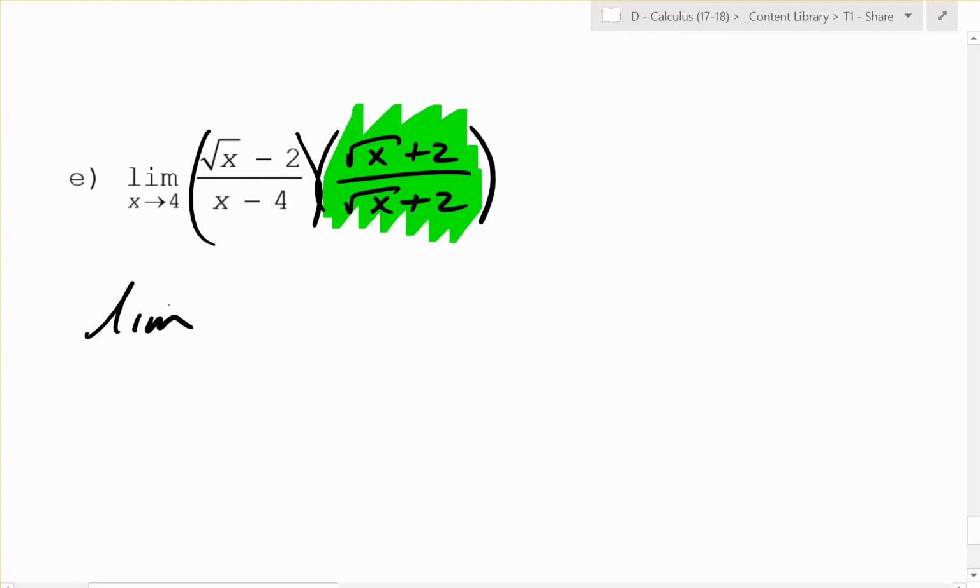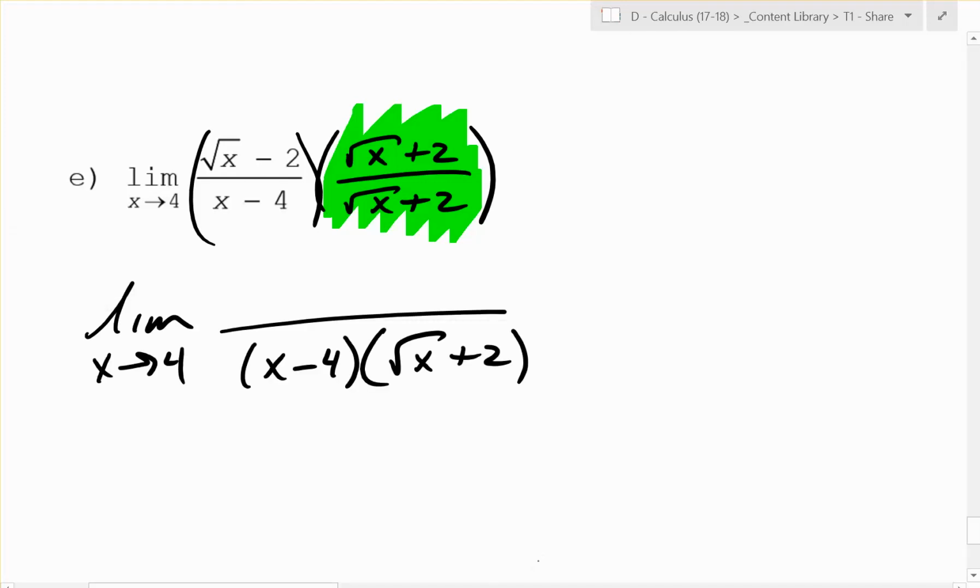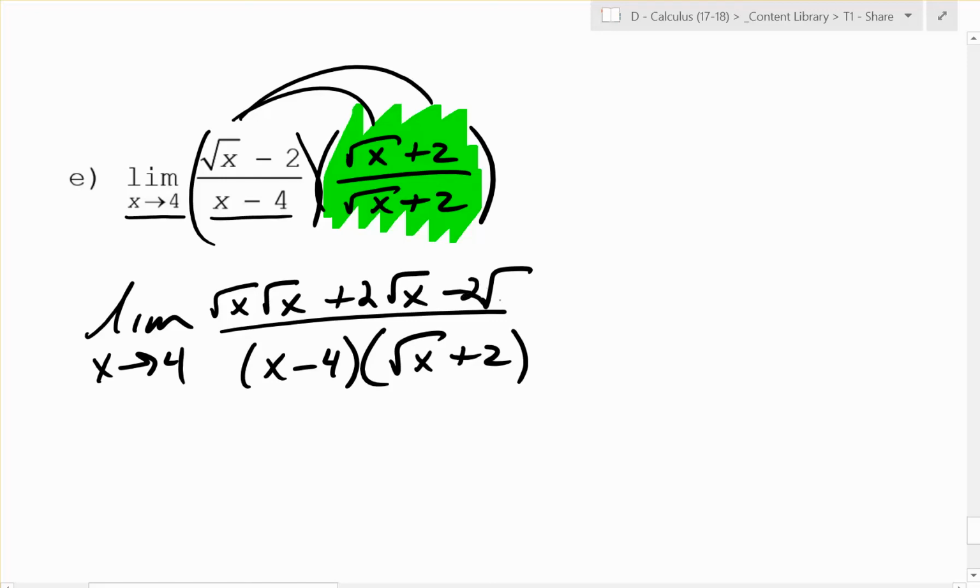So when we do, keep the denominator the same. And the hint there is that we want to eventually be able to plug in 4, which we can't because of this. So we eventually want to cancel that. So let's leave that like that. Let's now multiply out the top. When you multiply it out, you have root x times root x, and then you have plus 2 root x minus 2 root x, and then it's minus 2 times 2, which is 4.